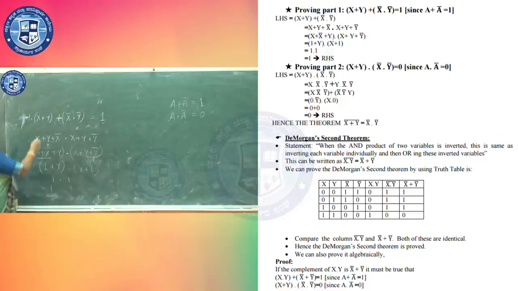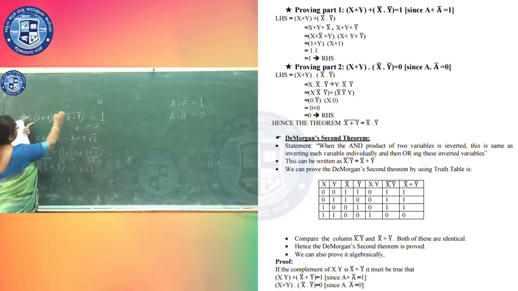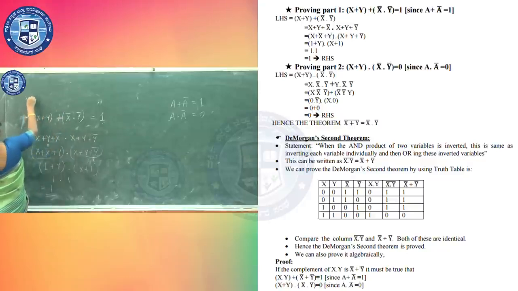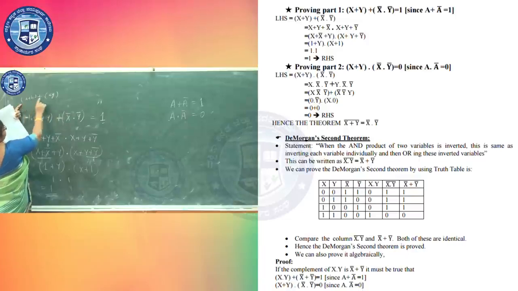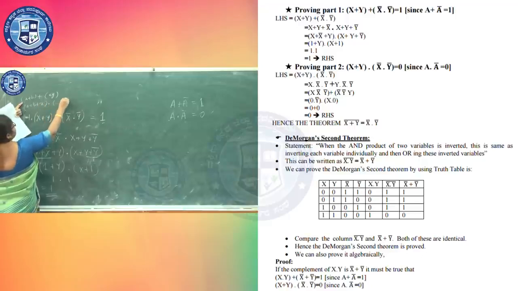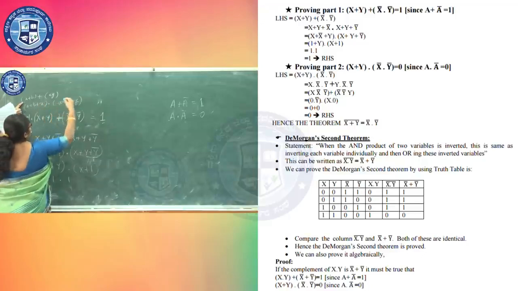I hope you understand. X plus y plus x into y we have. This is like a plus b plus xy. You simply cannot just multiply this because there is a plus symbol in between. We will have to take a plus b plus x into a plus b plus y.